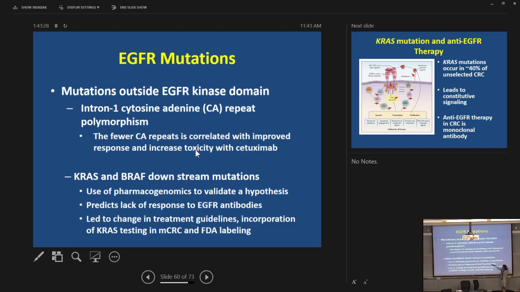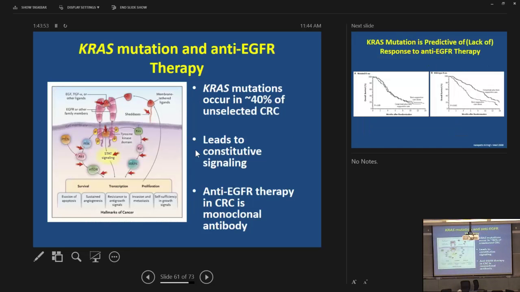And then we know with KRAS and BRAF, right, if we have KRAS that's constitutively activated outside the EGFR domain, what happens? Our EGFR inhibitors don't work, all right? Okay, so we know that happens, and we know that once we learned that, it changed the labeling of how we use our drugs, okay?